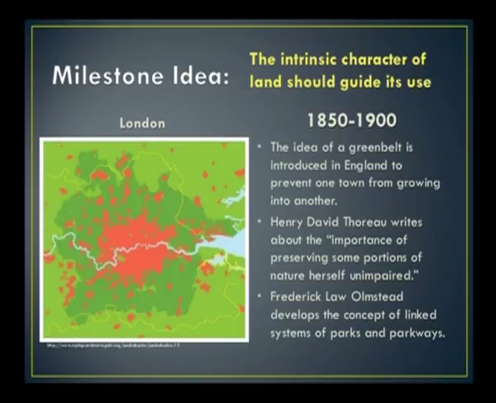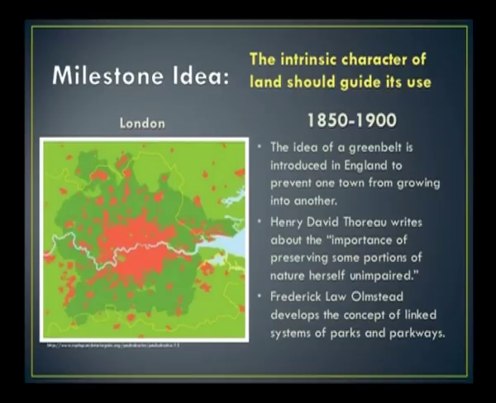This was established between 1850 and 1900. The idea of a green belt is introduced in England to prevent one town from growing into another. Henry David Thoreau writes about the importance of preserving some portions of nature herself unimpaired. Frederick Law Olmsted develops the concept of linked systems of parks and parkways.